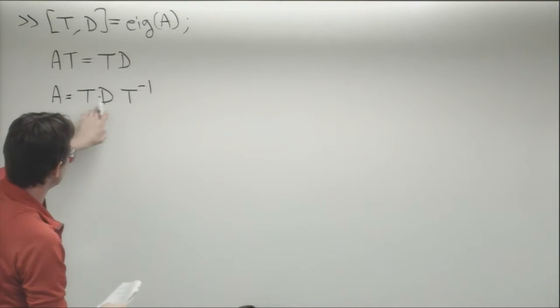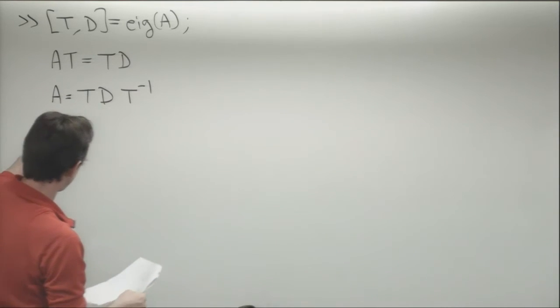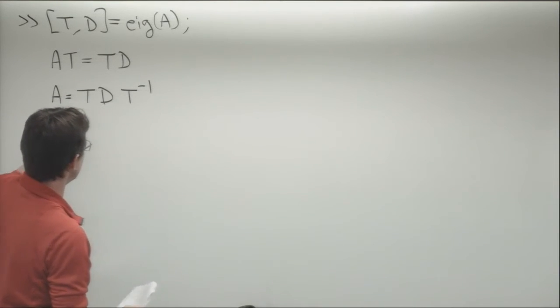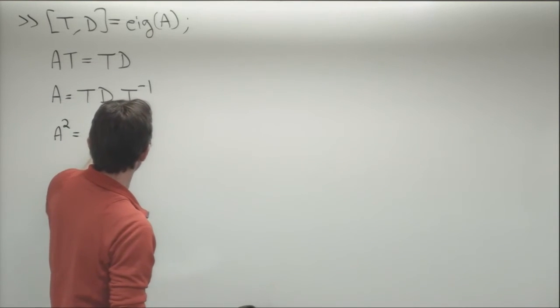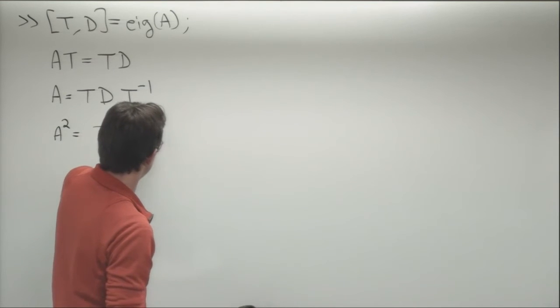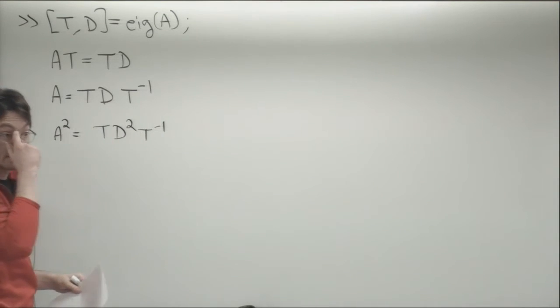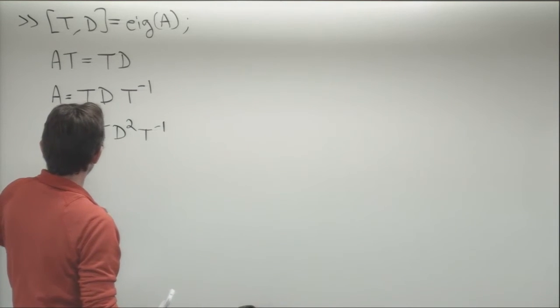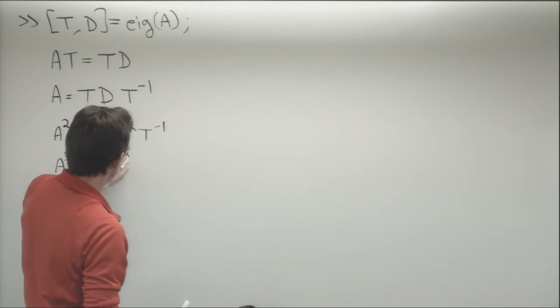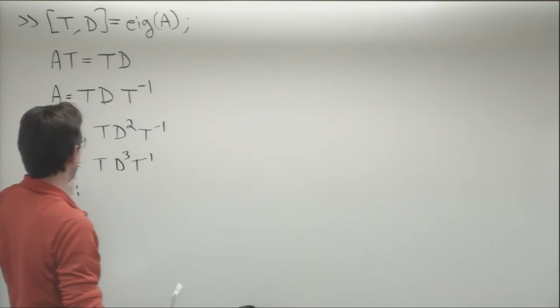So A equals T times D times T inverse. And so we know that A squared equals T times D squared times T inverse. Just try it. Things cancel. A cubed equals T D cubed T inverse, and so on forever.